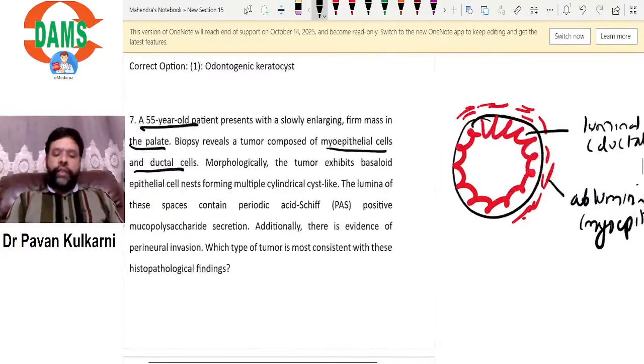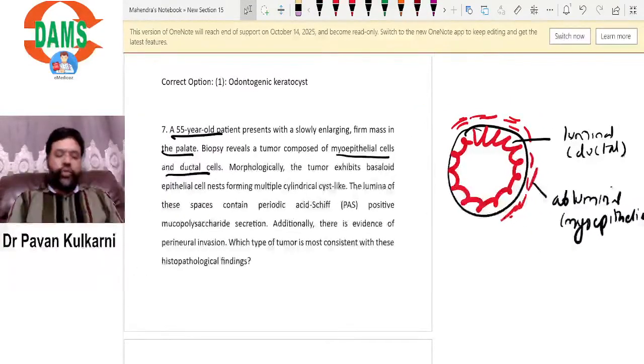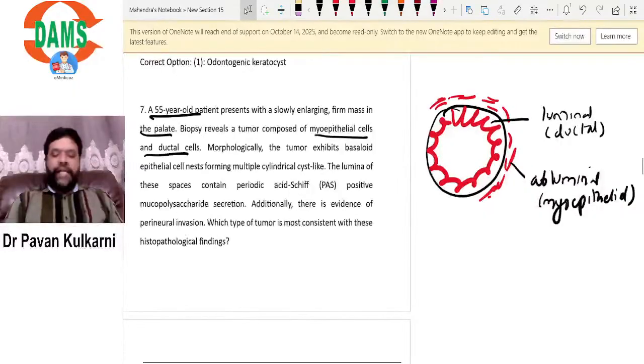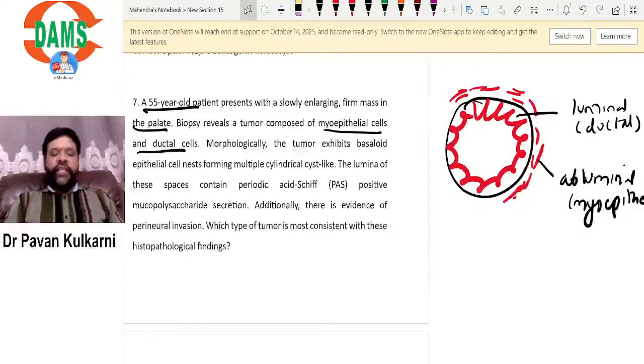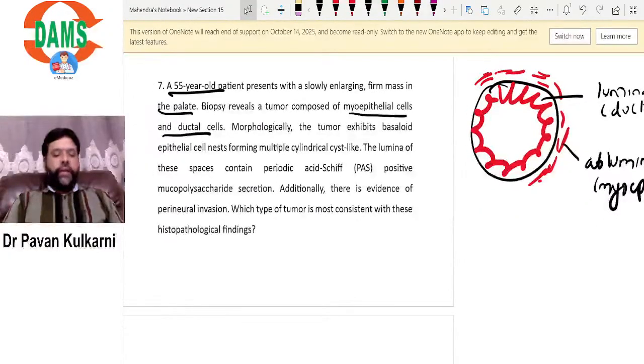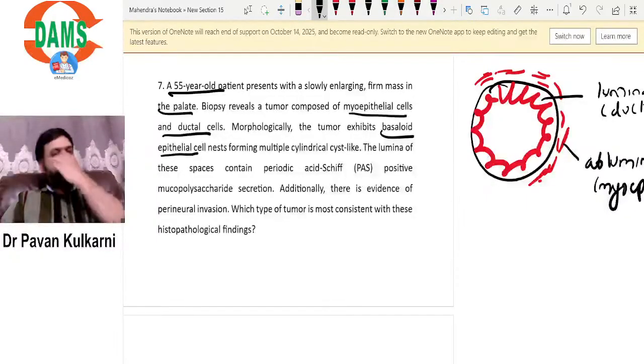Here also the question says that the tumor is composed of myoepithelial cells as well as ductal cells. Morphologically, the tumor exhibits basaloid epithelium. That means basal-like. Basaloid, oid means basal cell-like. How does a basal cell look? A basal cell will usually have a dark, hyperchromatic, angular nucleus.